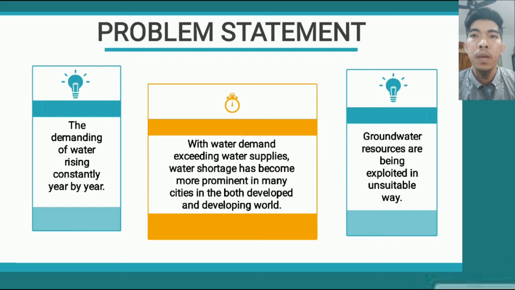Numerous cities, particularly in semi-arid and arid regions, have outgrown their local water supply. All close at hand surface water sources are being tapped and groundwater resources are being exploited in an unsuitable way. In future, more cities will need to rely on more distant water sources or interbasin water transfer in order to cope with rising demand of water.